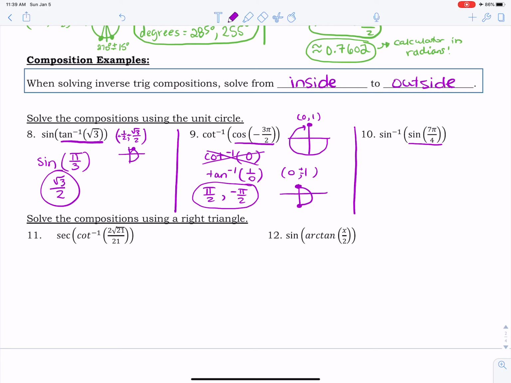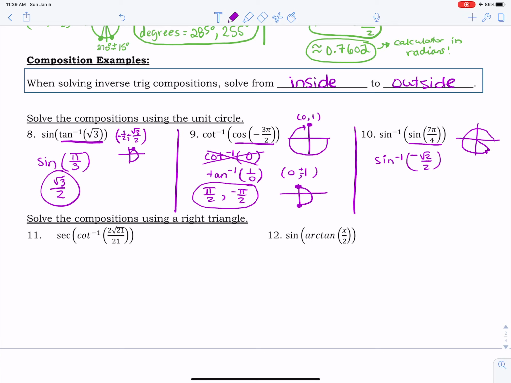Inverse sine of sine of 7 pi over 4. So sine of 7 pi over 4 is, well, I've got to do my unit circle. 7 pi over 4 is definitely in the 4th quadrant, and it's right there. So we know that's negative square root of 2 over 2. And then sine inverse, what angle? Oh, we don't have to rewrite it this time. It's exactly what I want.